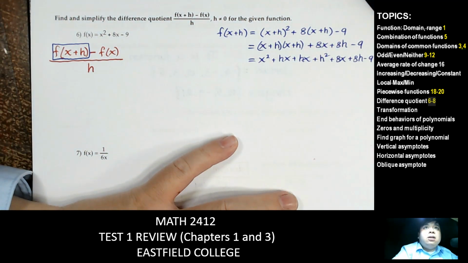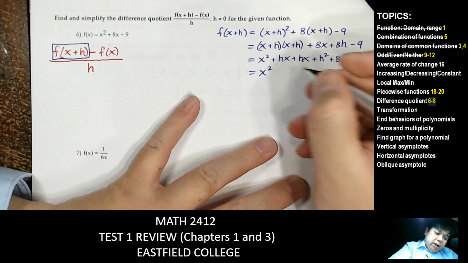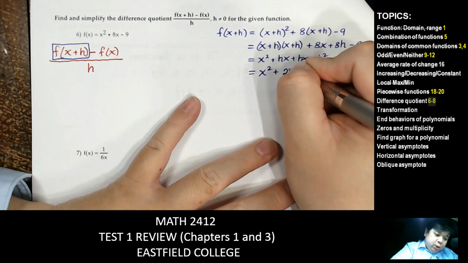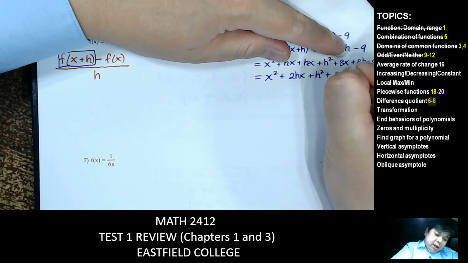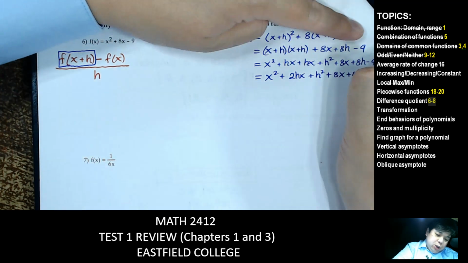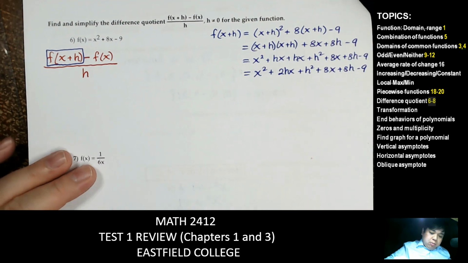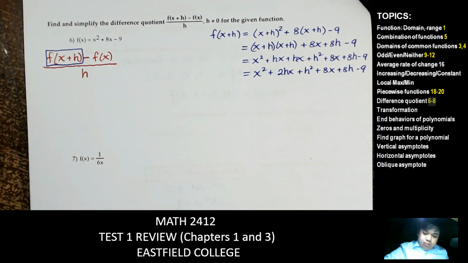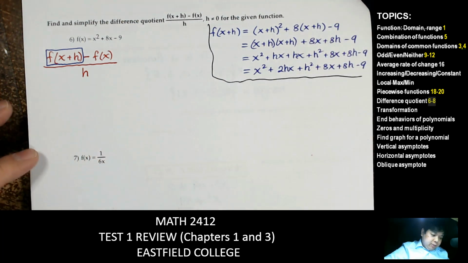So we have that. It will be x squared plus 2hx plus h squared plus ax plus ah minus 9. So that's just f of x plus h. Just keep that.